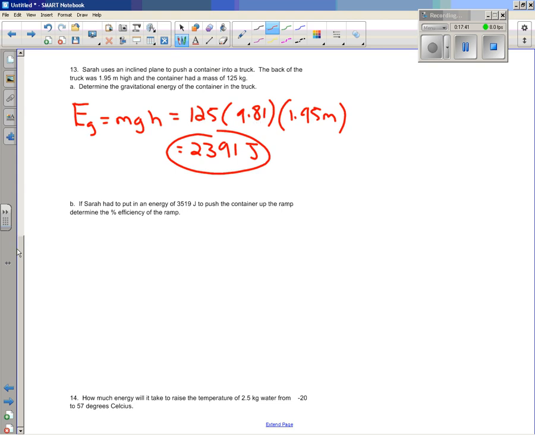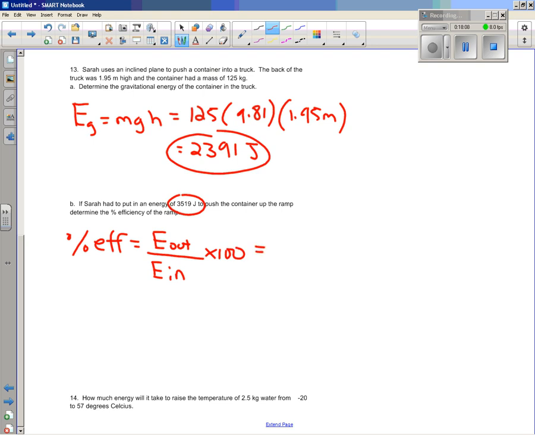What about part B? Part B says she had to put in this much energy due to friction and other energy losses. So what's the percent efficiency of the ramp? If you're looking for the efficiency of an energy transfer, you just divide the energy you got out of your work by the energy you had to put in, times 100.